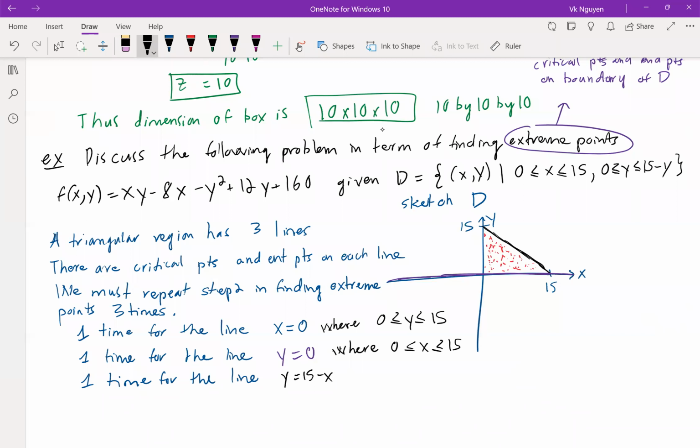Because you do the substitution, it has to be in terms of x there. x can only go from 0 to 15. As you can see, that is long and tedious. So that is why we have another section that can help us overcome this long and tedious work.